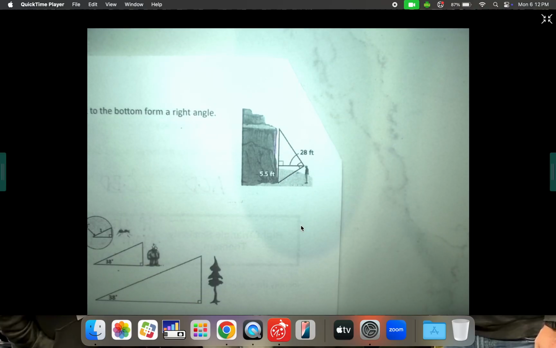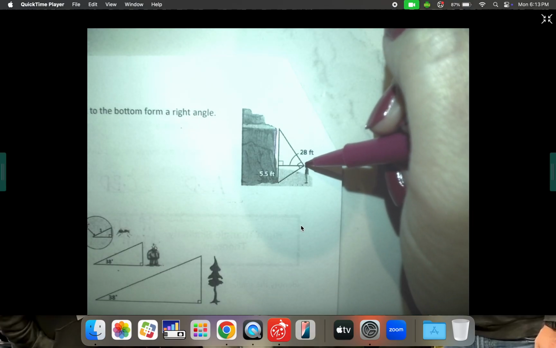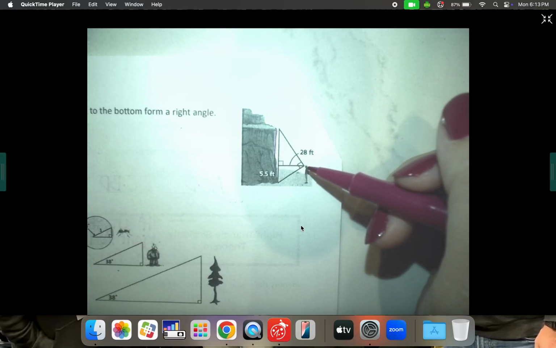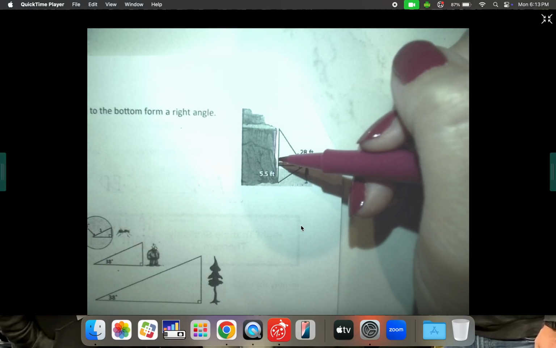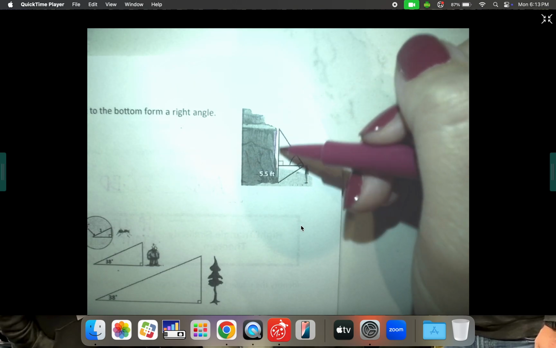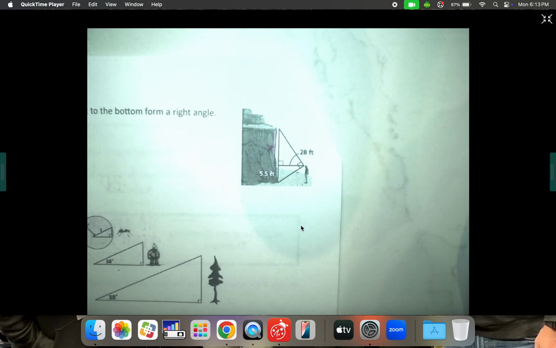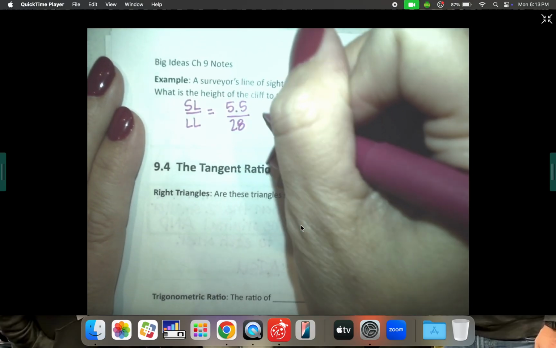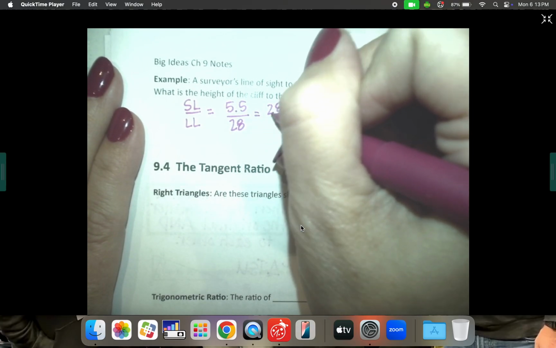So if I'm doing short leg to long leg, I'm going to do the medium-sized triangle, the one on top here. Short leg I have, it's 28. Long leg is what I'm looking for, so that's going to be my x. So short leg is 28, long leg is x.